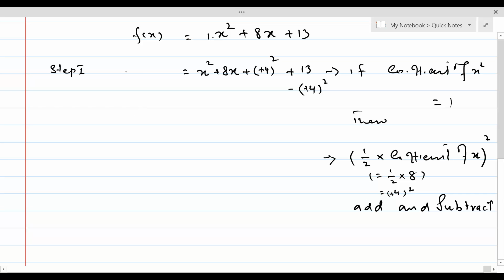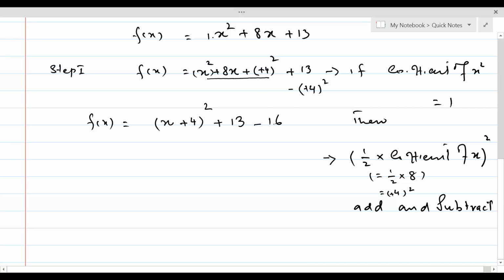So once we are done with this step, now our given quadratic function looks like this. f of x is equal to x square plus 8x plus 4 whole square, that is, x plus 4 whole square, plus 13 and minus 16.